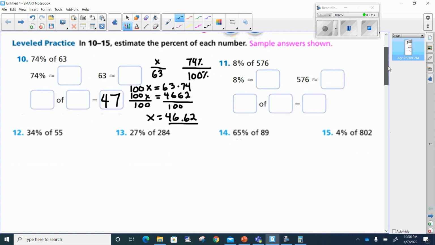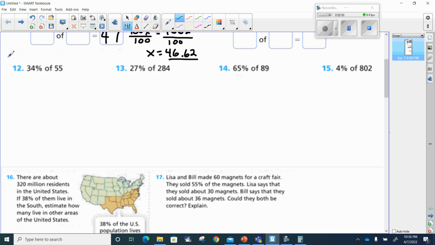Let's go ahead and go with number 12. Number 12 says 34% of 55. Again, if I have 34%, it's going to be on the top over 100%. Of 55 tells me 55 is on the bottom, which means I'm looking for x.